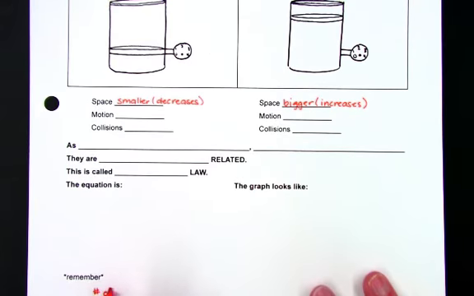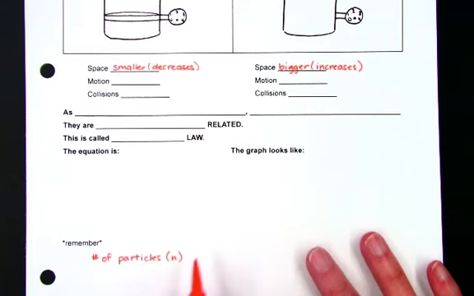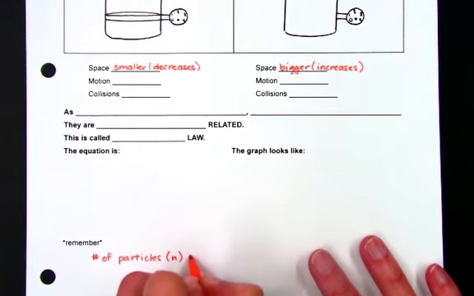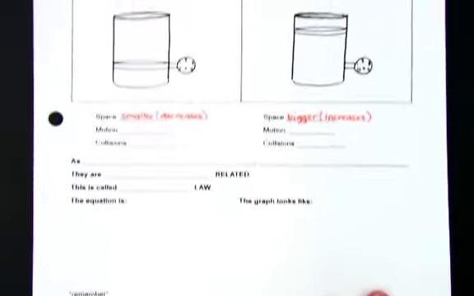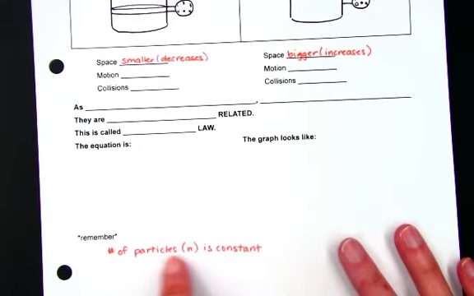Number of particles. Remember, that's the variable n down here is constant. So how many particles am I going to draw in my models? Number of particles is constant.